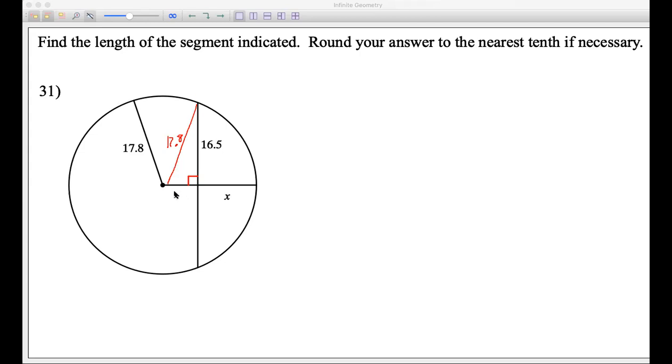It turns out it was about 6.6. Are you okay up to there? This is also a radius where x is right here. So if I take the radius, which is 17.8, and I subtract 6.6, that gives me x. Does that make sense? Yeah. Okay, that's how that one's done.